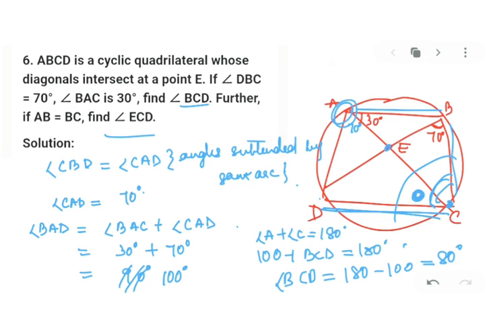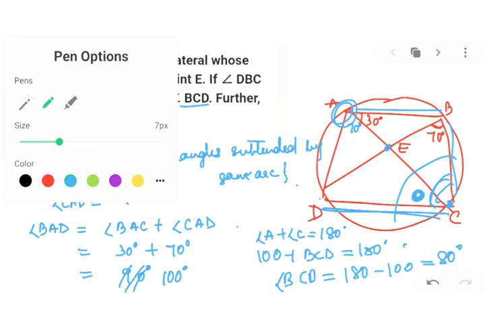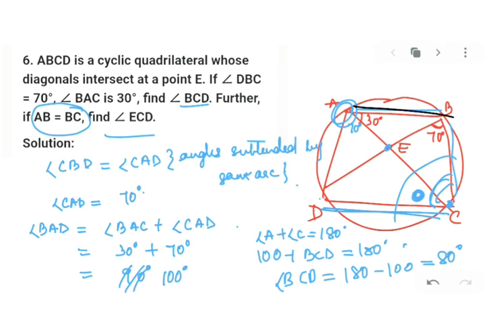Clear? Now my dear kids, further in the problem it says that AB is equal to BC. And if AB is equal to BC, that means triangle ABC is an isosceles triangle. So if this is 30, even this will be 30.